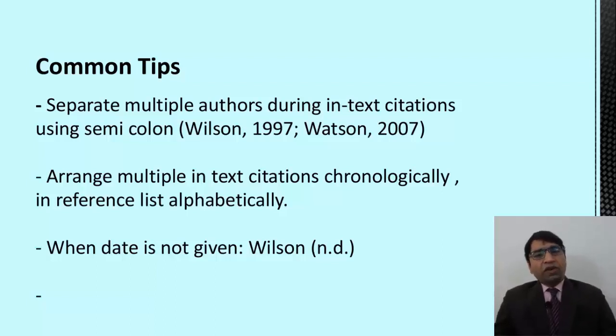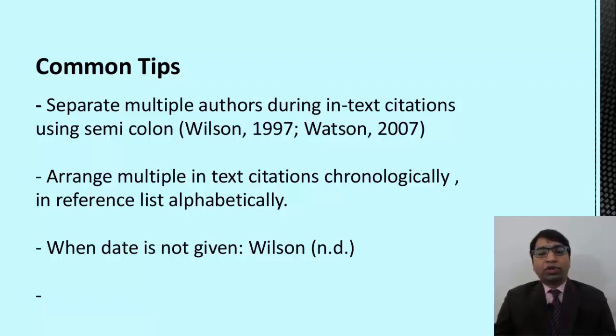So here we are going to talk about some common tips actually. If there are multiple authors during in-text citation for the same idea, you need to separate them with a semicolon. For example, Wilson, comma, 1997, semicolon, Watson, comma, 2007.